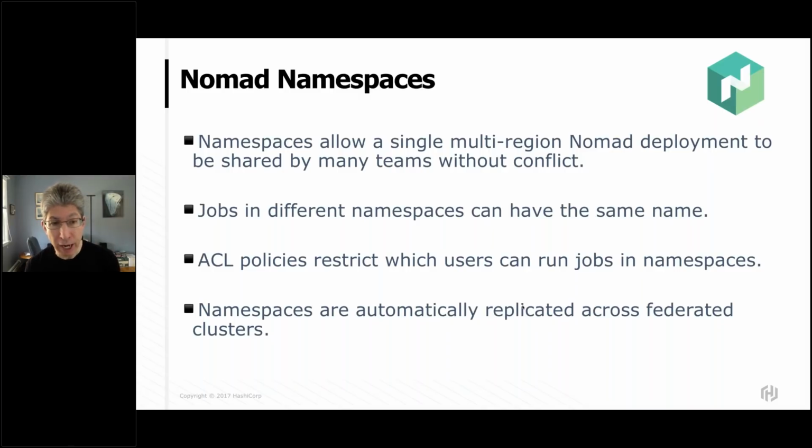So the dev and QA teams can both run the same job, maybe with slight variations on it, and the job name is the same, but they're running their own versions of that job in their own namespaces. Now, ACL policies restrict which users can run jobs in the namespaces, and namespaces are automatically replicated across federated clusters. Okay.